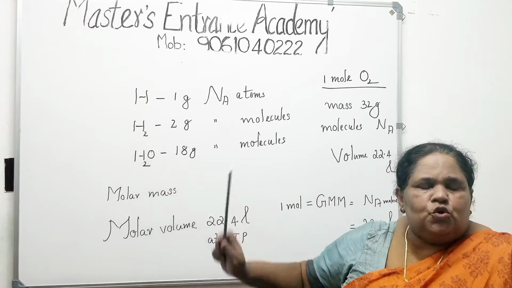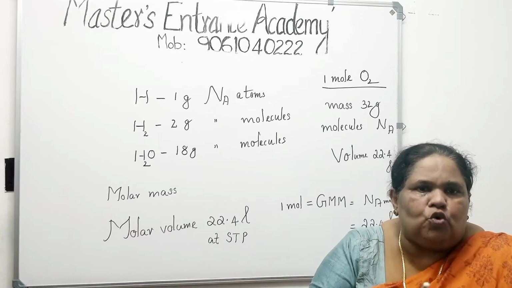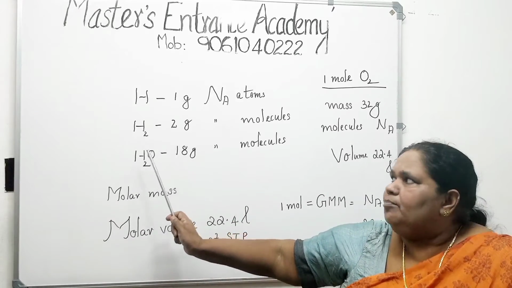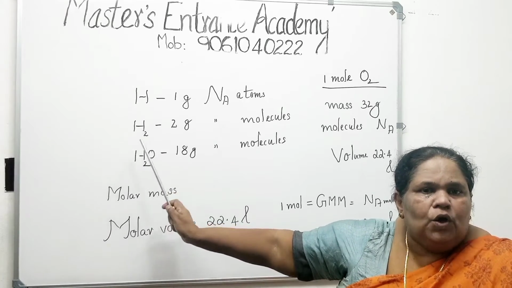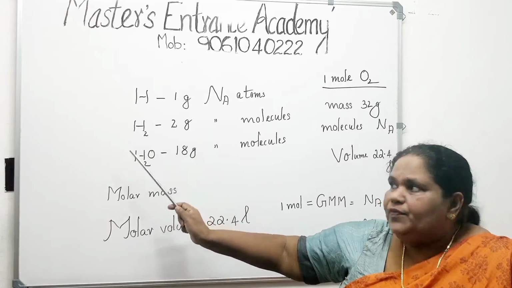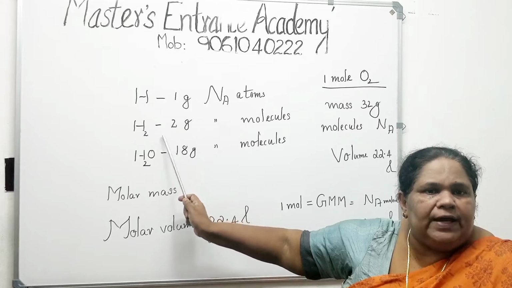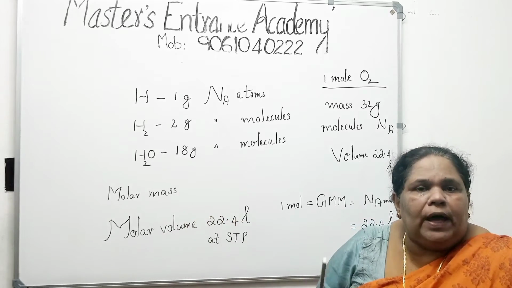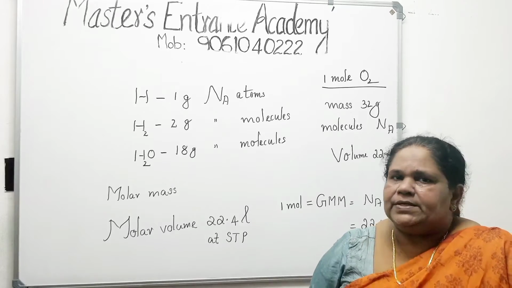Next, H2. H2 stands for a hydrogen molecule. 2 atoms combine together to form a molecule. The mass of 1 hydrogen molecule is 2 grams. In 2 grams of hydrogen, Avogadro number of molecules are present.